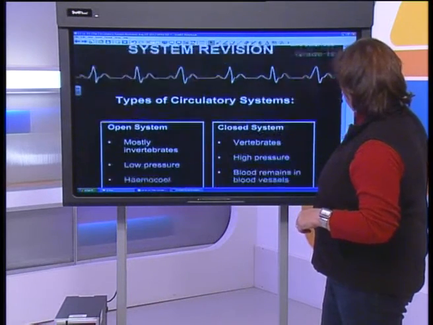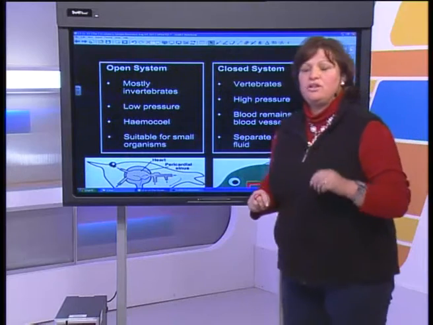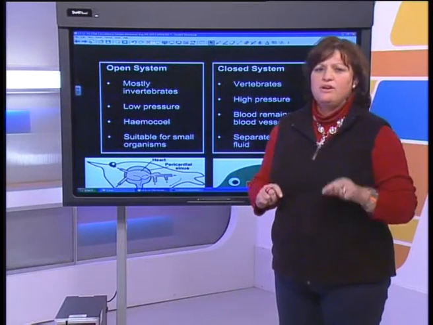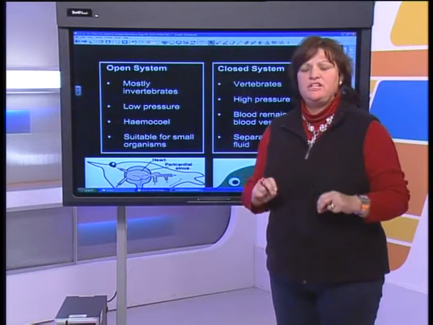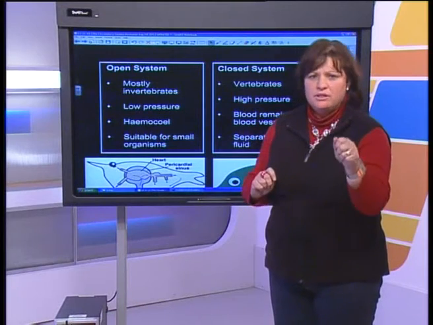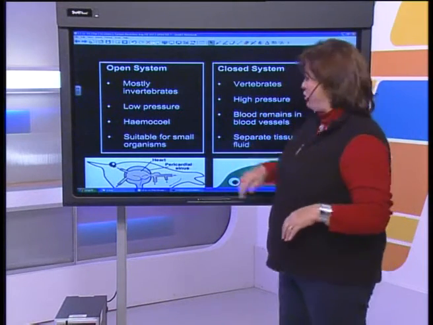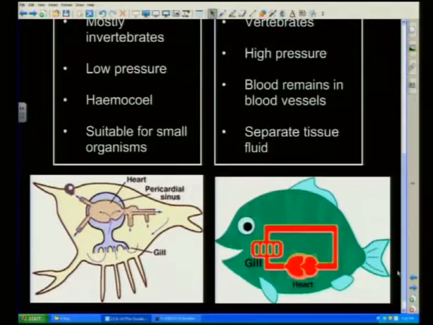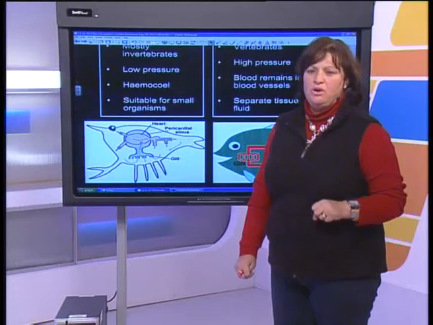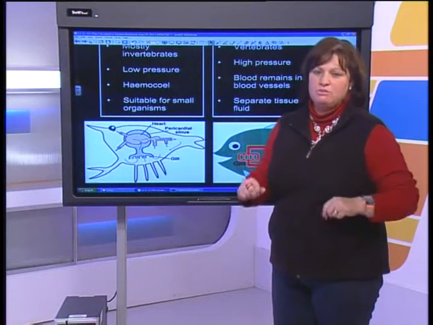Okay, so now when we're looking at the circulatory system, just quickly go back. Remember the terminology that you need to learn: the open circulatory system, the closed circulatory system. Remember the open circulatory system? I'm sure some of you have squashed an insect before and all the yellow goo has come out.